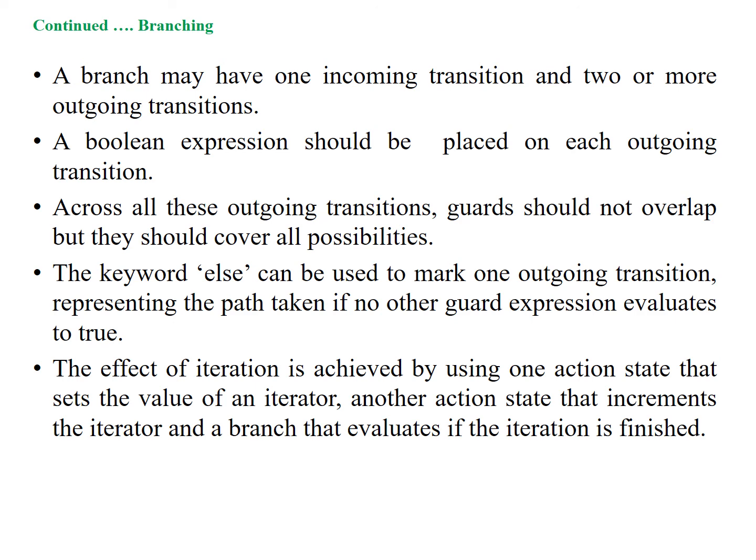The keyword else can be used to mark one outgoing transition representing the path taken if no other guard expression evaluates to true. You can achieve the effect of iteration by using one action state that sets the value of an iterator, another action state that increments the iterator, and a branch that evaluates if the iteration is finished.